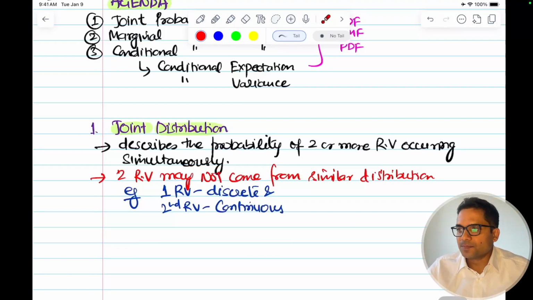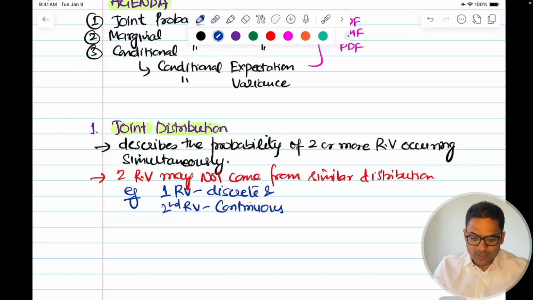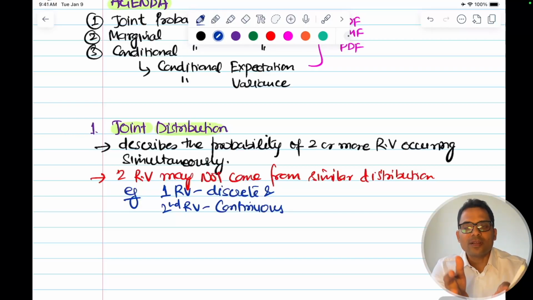So for example, a simple real world example: if you have two random variables such as height of a person and weight of a person, and you want to see the joint distribution or combined probability of a specific height and specific weight, then we say this is a joint distribution of height and weight.